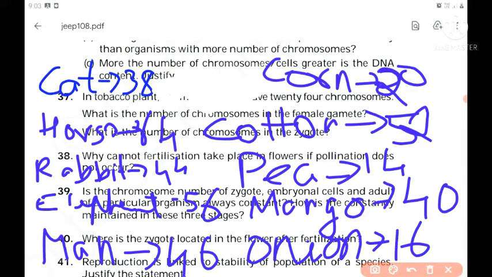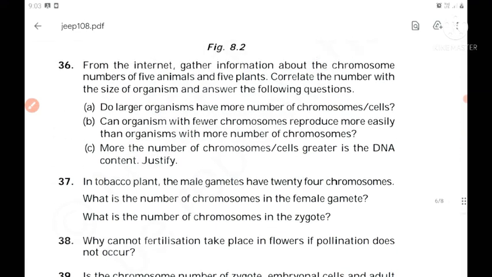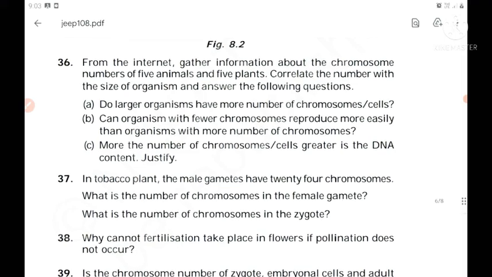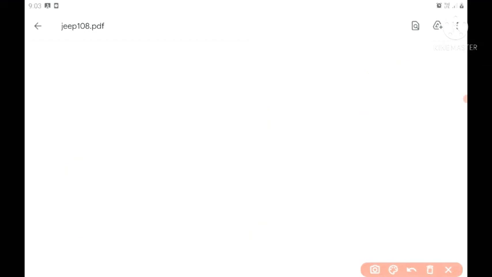So we'll see the first question. Do larger organisms have more number of chromosomes or cells? So these were the chromosomes, right? Oh, that got deleted.